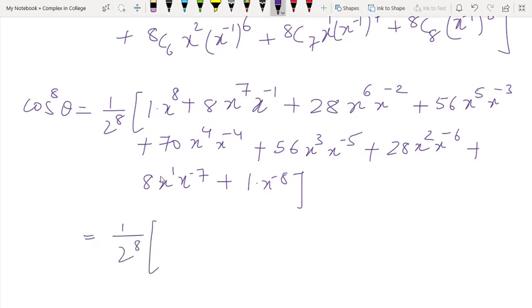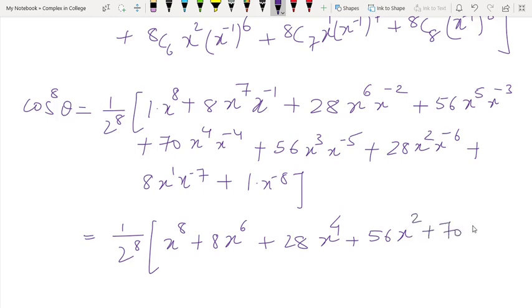Now 1 into x raised to 8 is x raised to 8, plus 8 x raised to 7 and x raised to minus 1. Base is same, so we can add the powers by the law of indices. We'll have x raised to 6. Next is 28 x raised to 6 with minus 2, so 4. There we have 56 x with 5 minus 3 is 2.